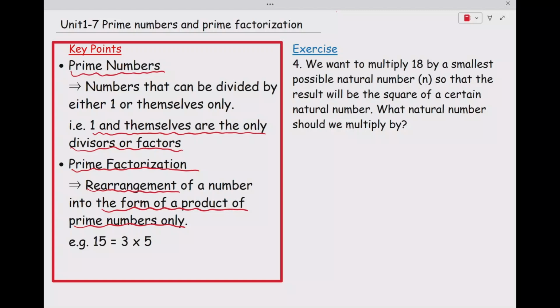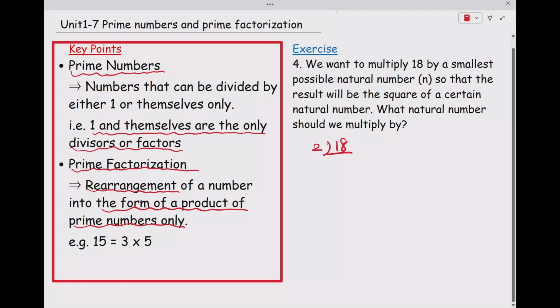I'll explain how to do it. The key to this question is to first prime factorize 18 to understand what kind of numbers 18 is made up of in the first place. Since 18 is an even number, it is divisible by 2.